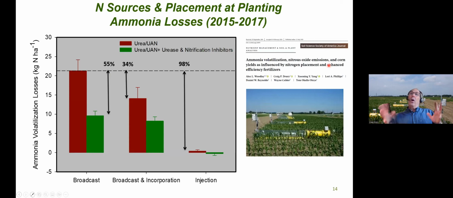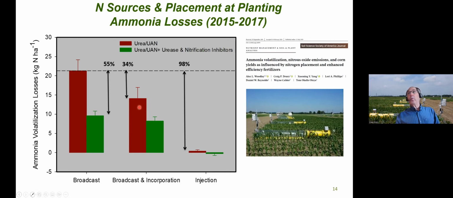Okay, moving on, we also compared in a different study, what if we wanted to add all the nitrogen at planting? And here we are able to look at the broadcast urea application, which is the treatment I usually always use as a reference, compared to the broadcast with the dual inhibitors. And we can see in this 3-year period, our losses dropped from 22 to less than 10, or by 55%.